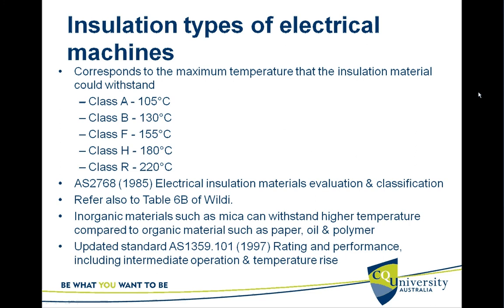Depending on the insulation type, electrical machines are classified into different classes. An insulation type mainly relates to the level of temperature that it can withstand, corresponding to the maximum temperature that the insulation material could withstand.